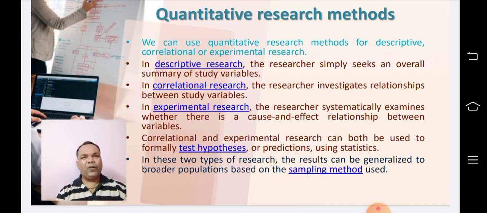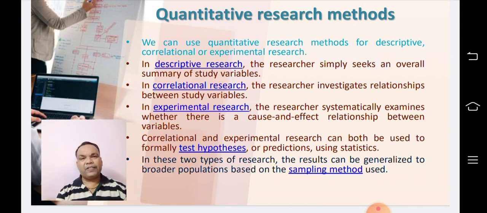Secondly, in correlational research, the researcher investigates relationship between study variables. As far as the correlational research is concerned, as the name suggests, correlation is found out between variables. So relationship between study variables are found out.